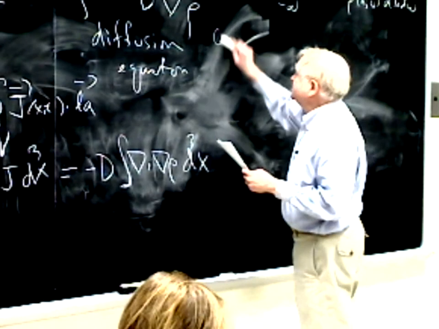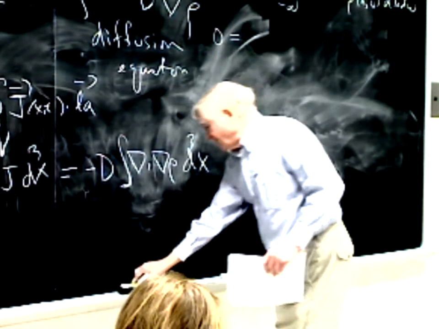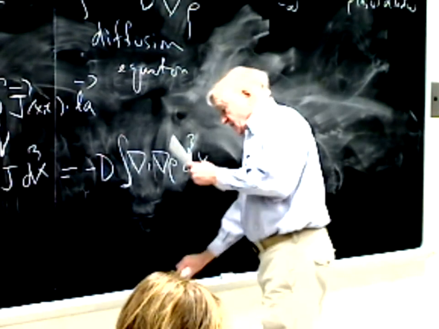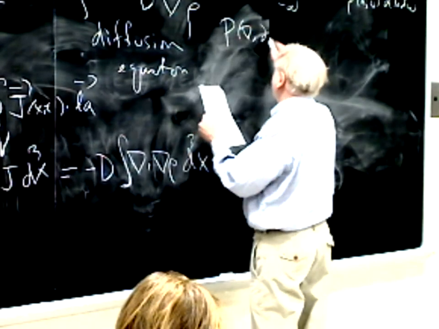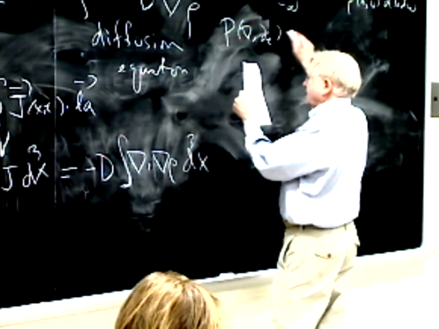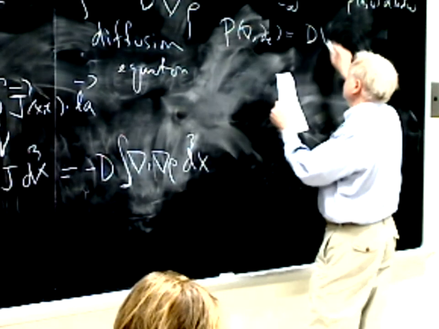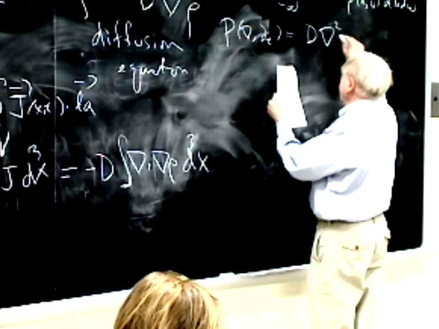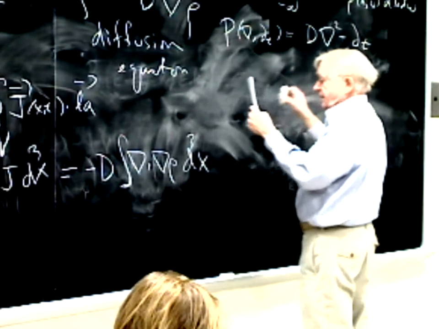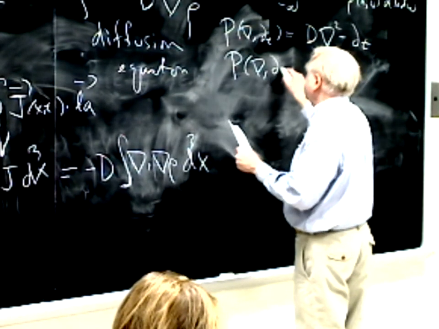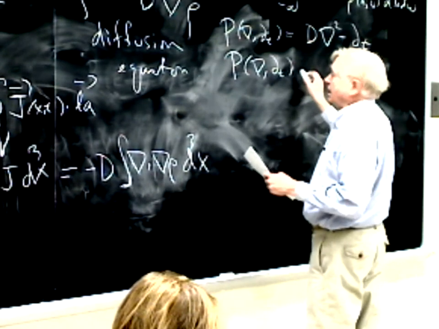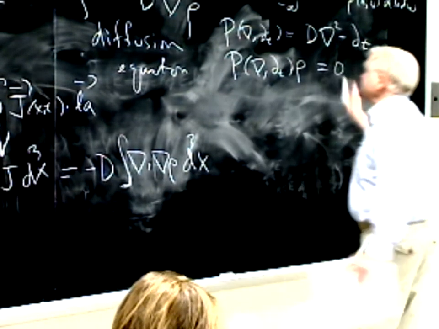Our equation is 0. Well, first let's define p. The polynomial p here of grad and d by dt is just d grad squared minus d by dt. And the differential equation is p of grad, d by dt, on rho equals 0.